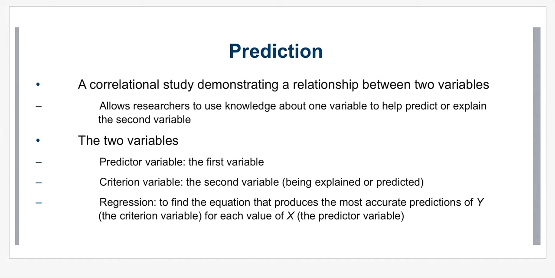The example your book uses is parent and child IQ scores. There is a good, positive, moderate to strong relationship between parent IQ scores and child IQ scores, meaning that if a parent's IQ score is higher or lower, their child's IQ score is likely to be the same or similar, either high or low.